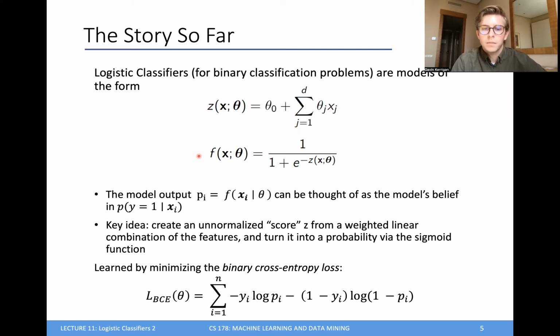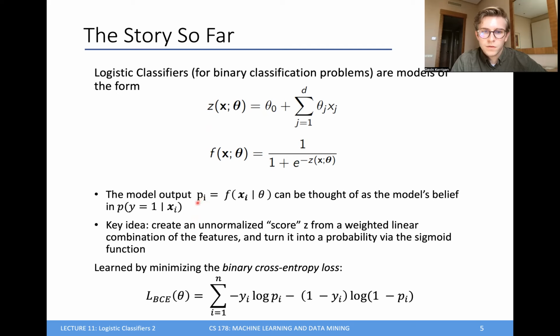But since we're modeling probabilities, we need to somehow take this unnormalized output and actually turn it into a valid probability score. So we need to take this unnormalized z and squash it down into the range 0, 1. And the way we achieve this is through the so-called sigmoid function, which is 1 over 1 plus e to the minus z. And we saw in the previous lecture how this manages to achieve that transformation we're interested in, i.e. mapping from unnormalized scores into probabilities.